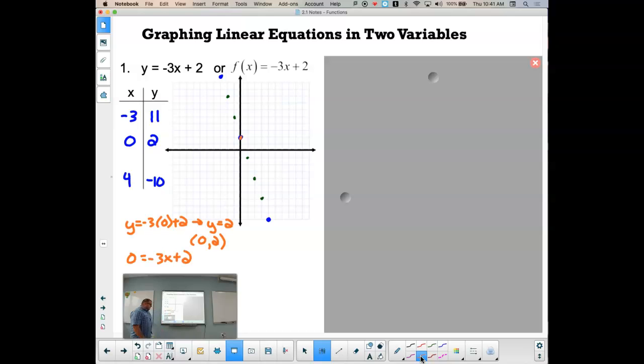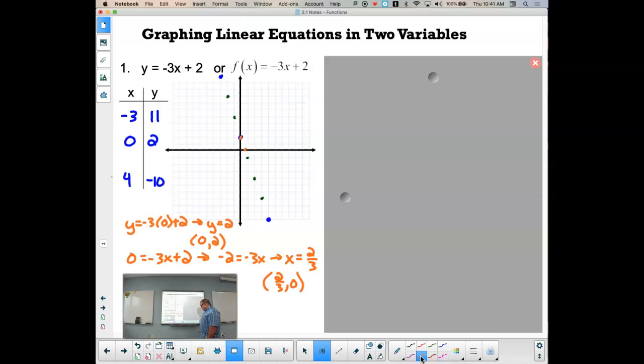Now I've plugged in 0 for y. That's going to be -2 equals -3x. That's going to be x equals 2/3. So this would be the point 2/3, 0, which is kind of hard to graph. Not going to lie to you, because it's a fraction. It's not a nice whole number, but it would be right in about there.